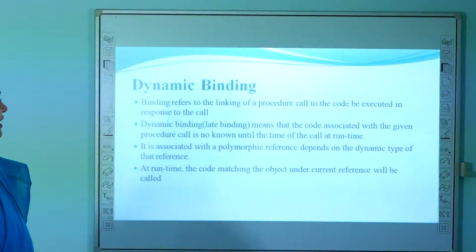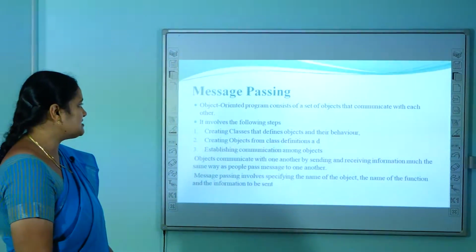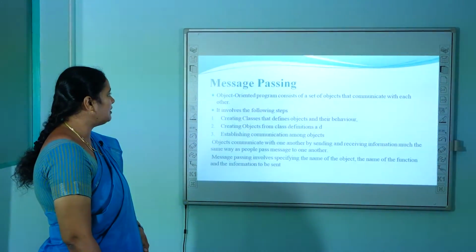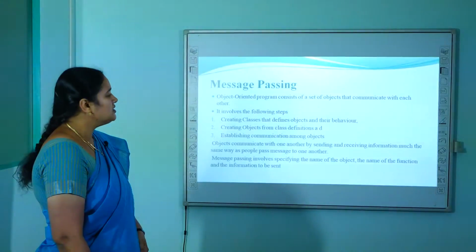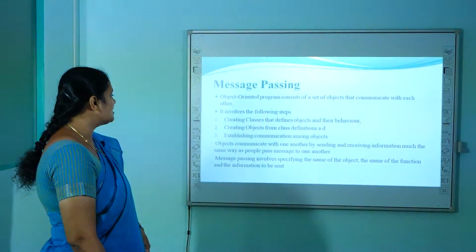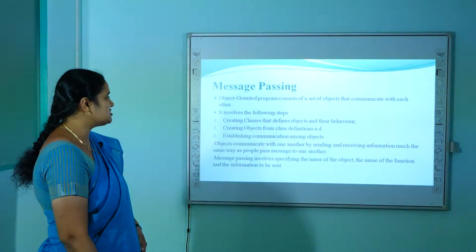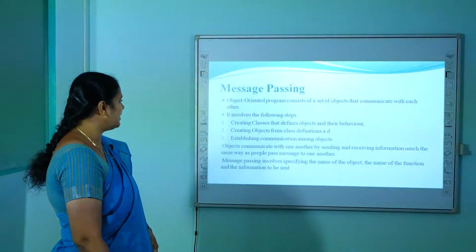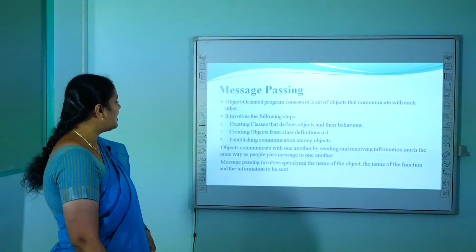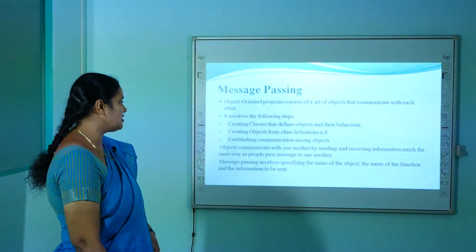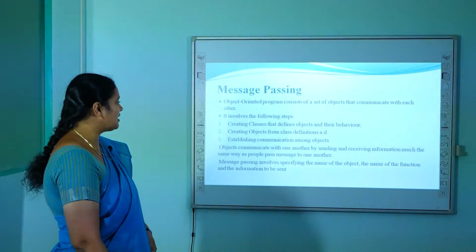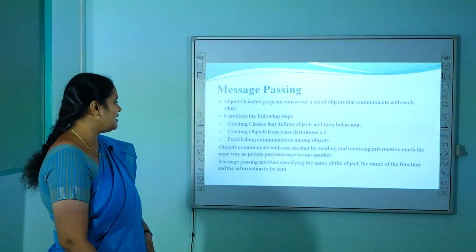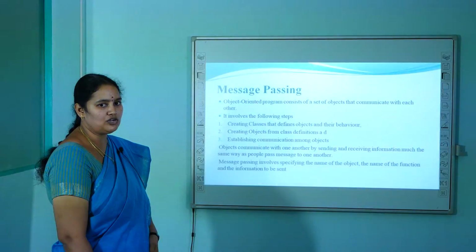Next we enter the concept of message passing, that is, the objects belonging to whatever class should communicate with each other. For that we follow these steps. First we create a class which defines the objects and their behavior, next we create the objects from the class definitions, and at last we establish the connection among objects so that these objects may communicate with one another, that is, they can send or receive information like people passing messages from one to another.